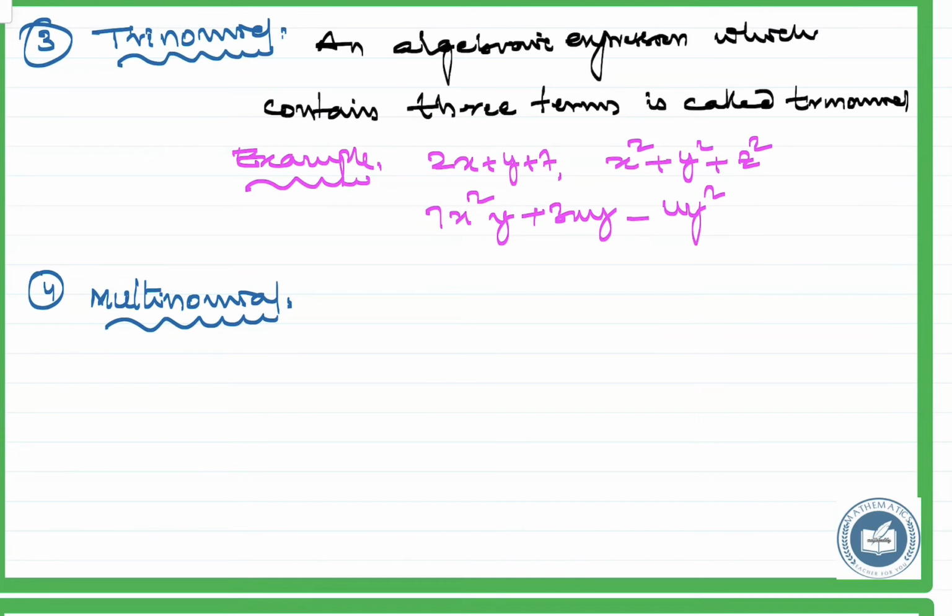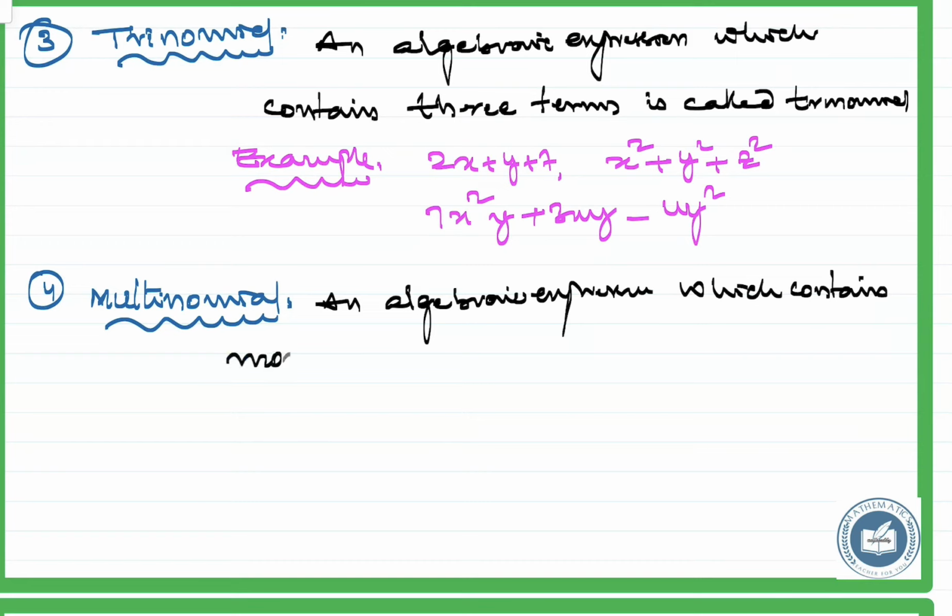An algebraic expression which contains more than 3 terms is called a multinomial.